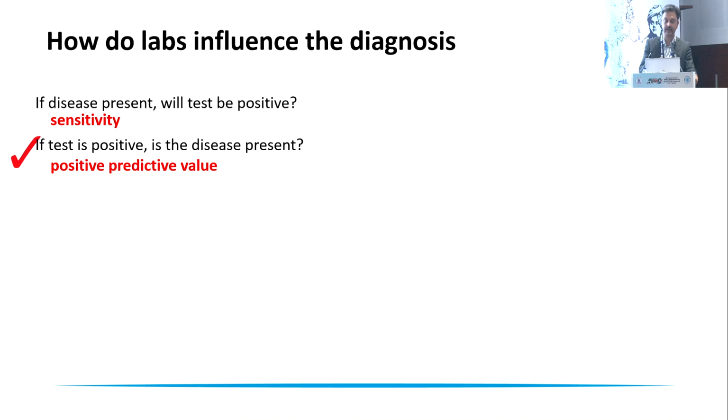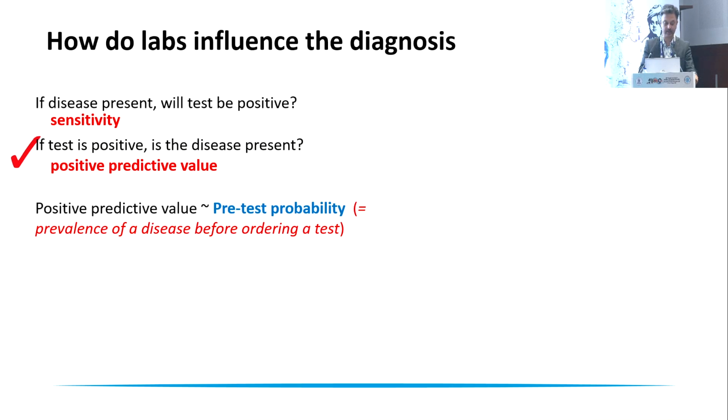And if the test is negative, it's called the negative predictive value. And this is almost the same as the pretest probability, which is the prevalence of a disease before ordering a test. So the positive predictive value is of the test, and the pretest probability is your clinical judgment before you have ordered the test.